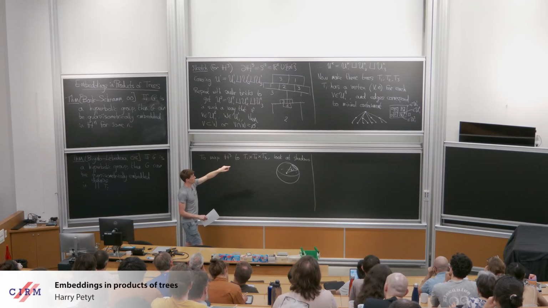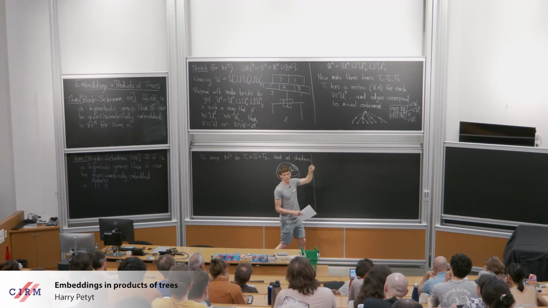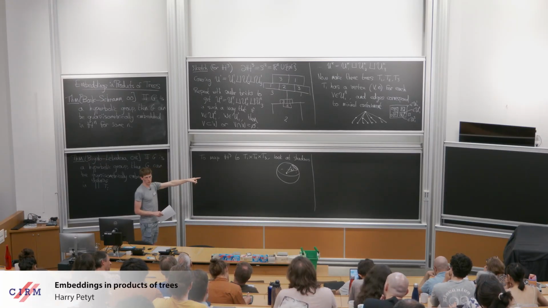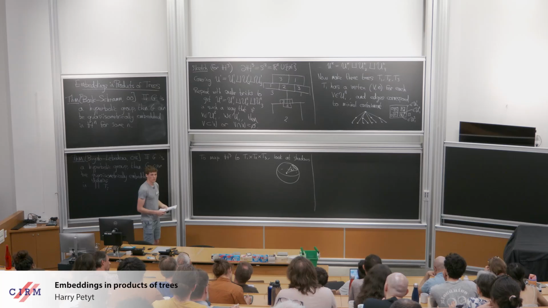That defines some vertex of this tree, because the vertices of the tree came from the elements of the covers. And I just map this point to that vertex in that first tree. And then I do the same with the second tree, and the same with the third tree. And then one can show that that map defines a quasi-isometric embedding.